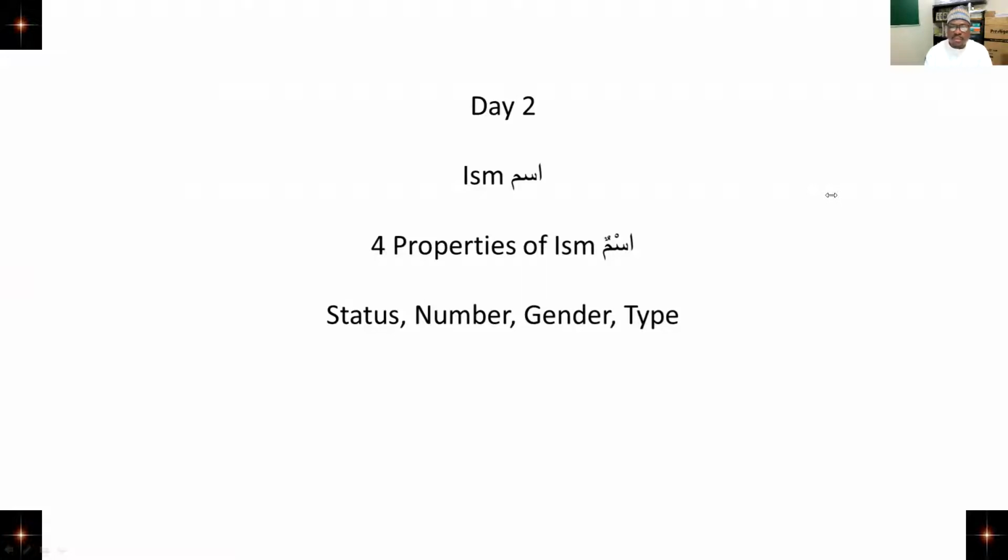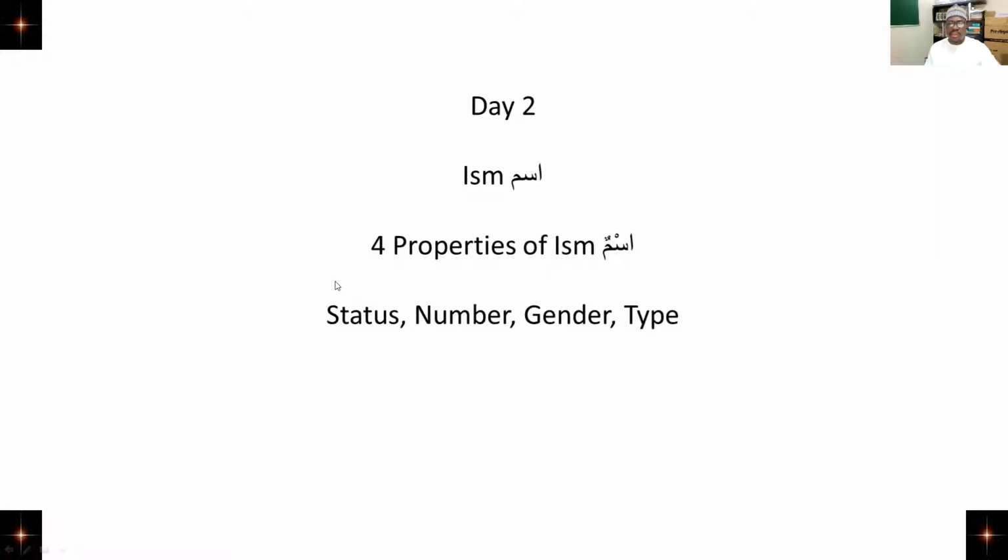Now, the first type of word in Arabic is ism. Note this very important statement that every ism has 4 properties. When I say properties, I mean those things that come together to define the ism.